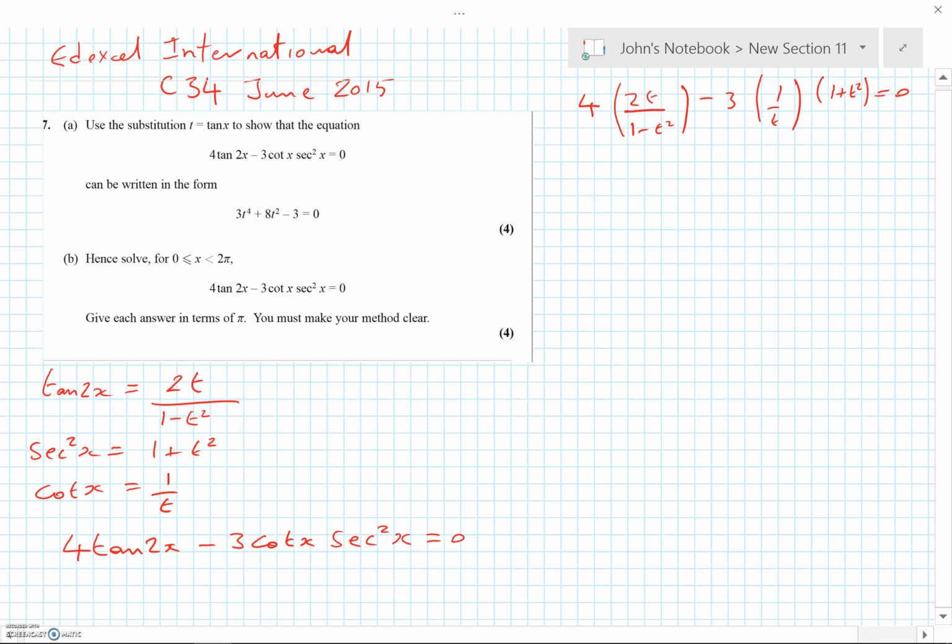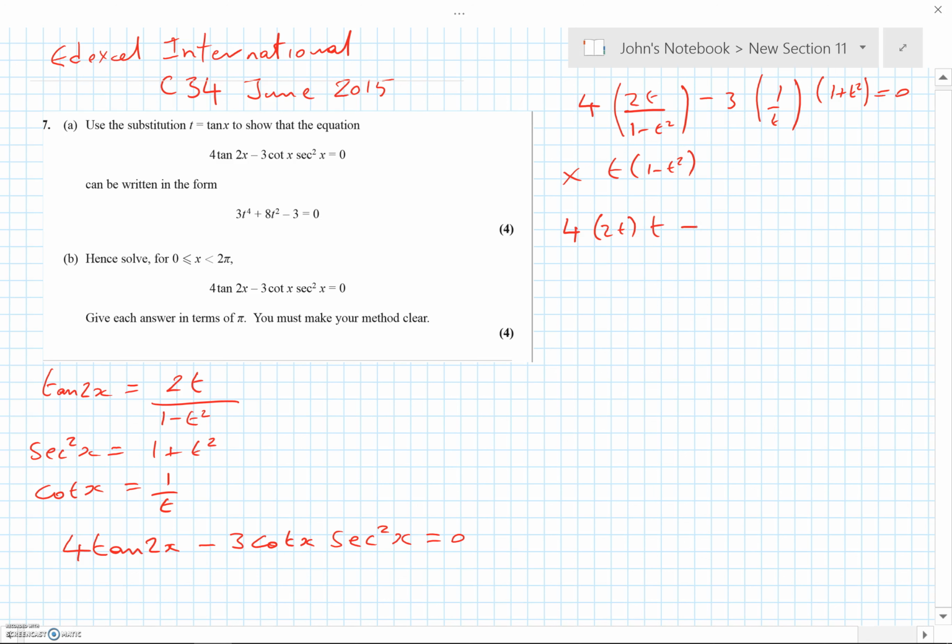Okay, so if I multiply through by t times 1 minus t squared, every term, the first term is going to be 4, the 1 minus t squared will cancel, so I'm going to have 4 times 2t times t.